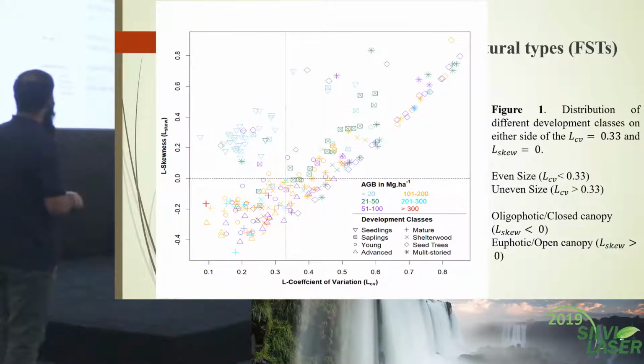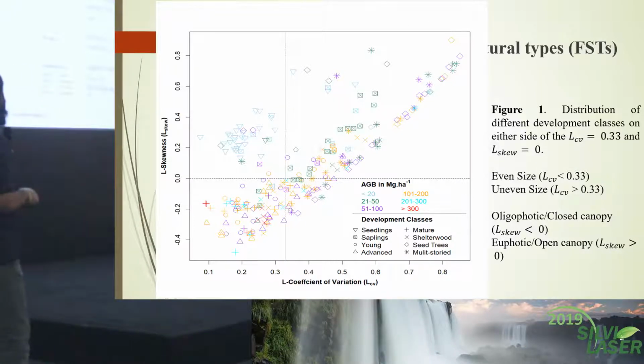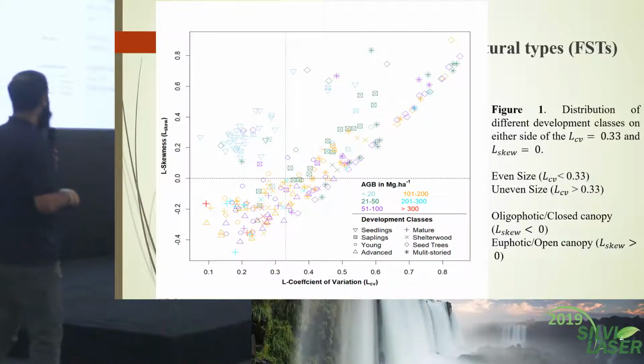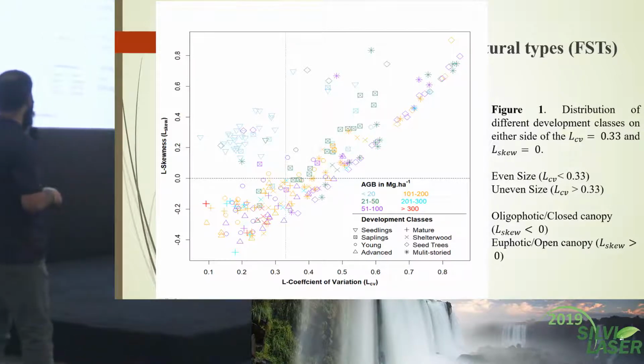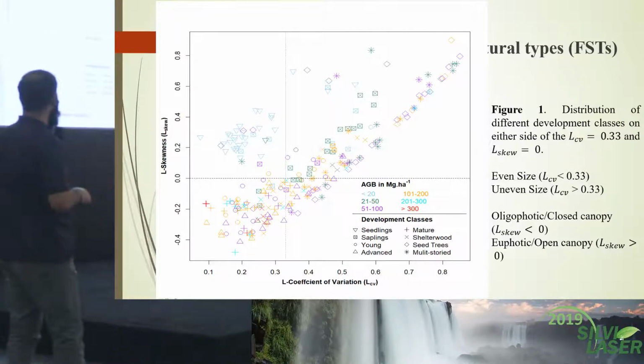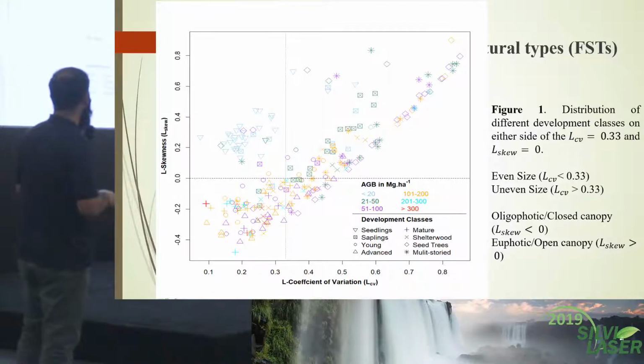But the saplings were separated as uneven size, and probably it's because of the lower ALS returns, which increase the L-skewness.